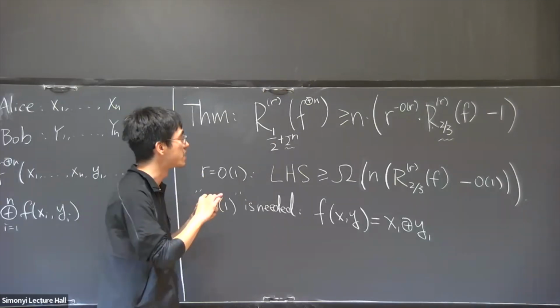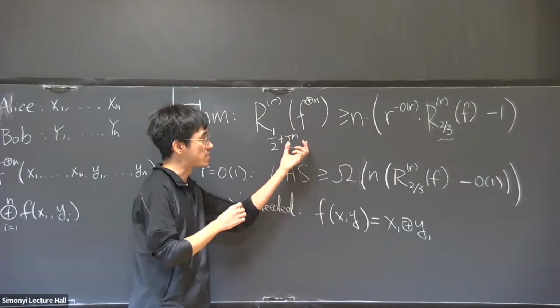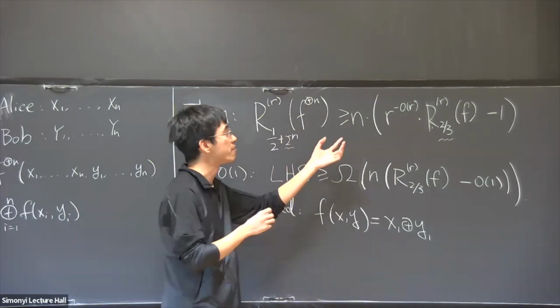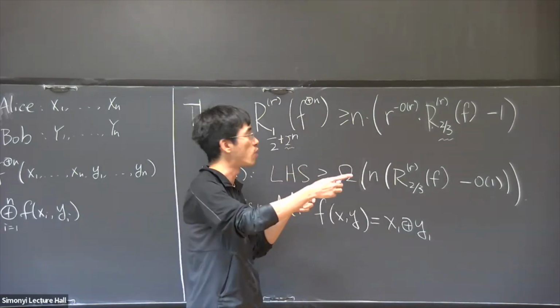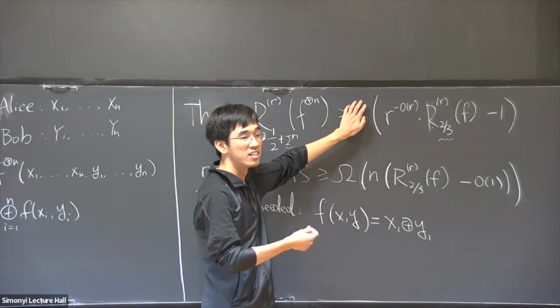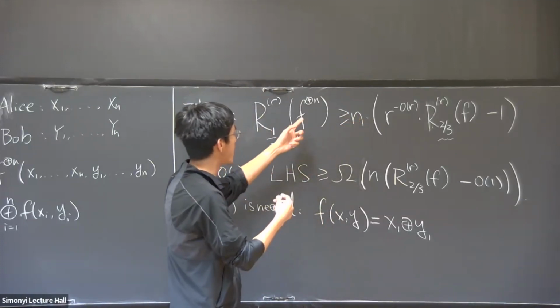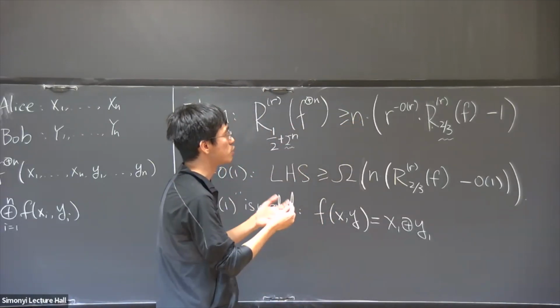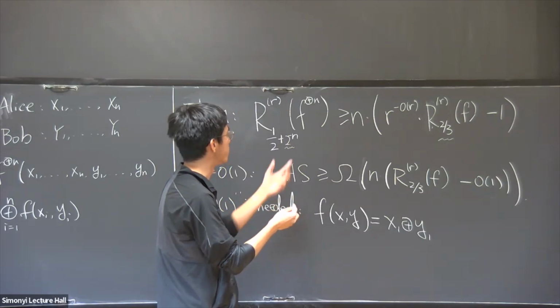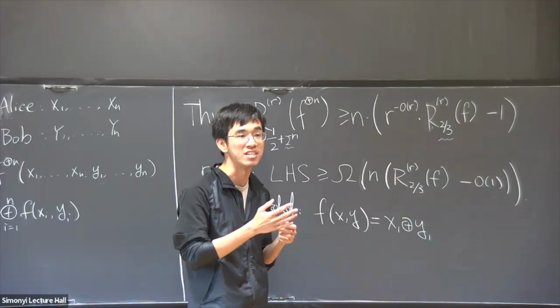But with exponentially small advantage, this lower bound is not known, even if r is equal to 1 for one-way communication, and even without the factor n. So it was not known for one-way communication whether f to the n needs at least as much communication as f if we only require the success probability to be something exponentially better than random.